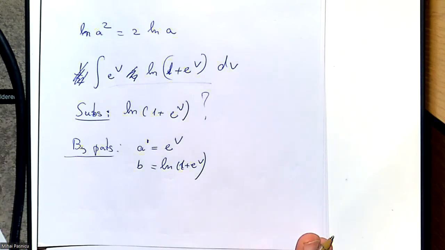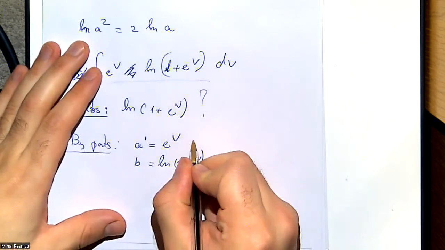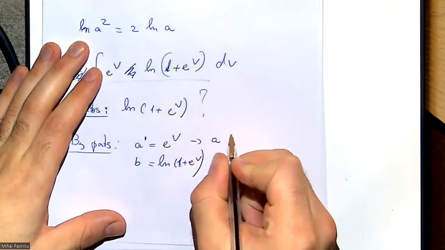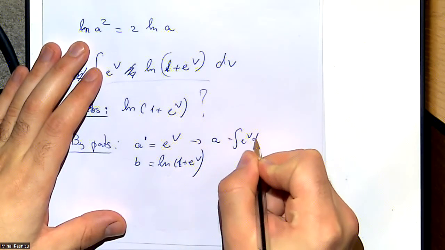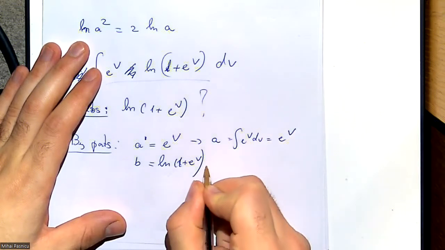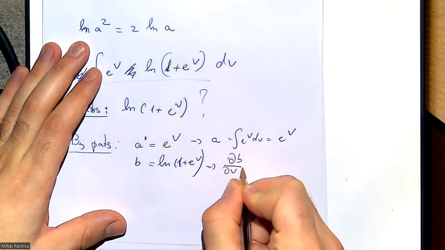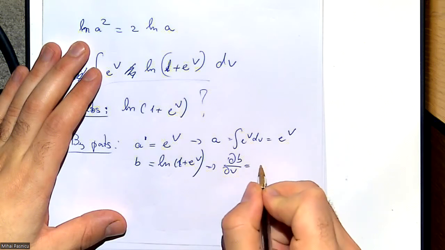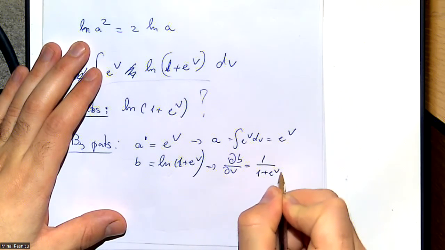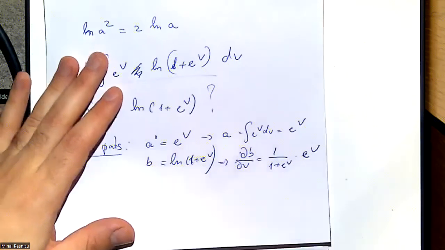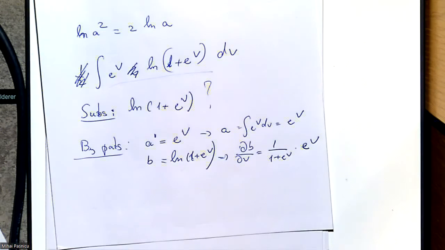Any ideas? Okay. So if A prime is this, then A is equal to the integral of e^v dv, which is just e^v. And the derivative of B with respect to v is 1 over 1 plus e^v times e^v. This, again, looks pretty nice.